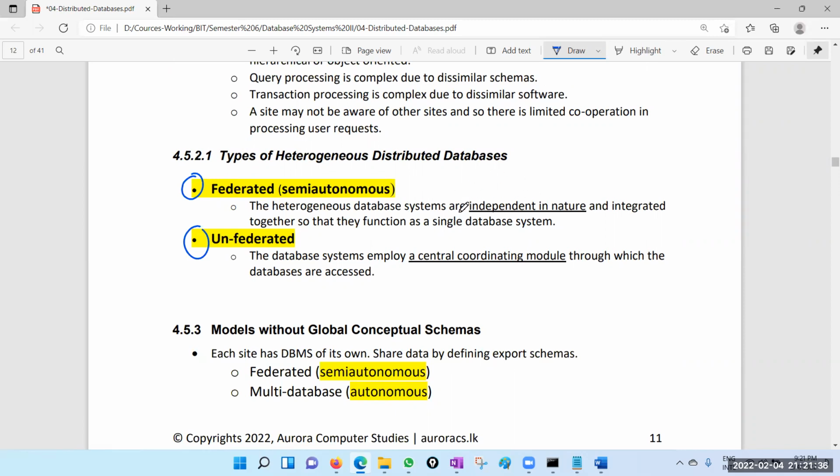So that means they have some autonomy, freedom. That is why we call it federated. Okay. Unfederated means again we have a central coordinating module. So your sites are under the central module. Okay. So using that module you have to access the distributed branches, sites.